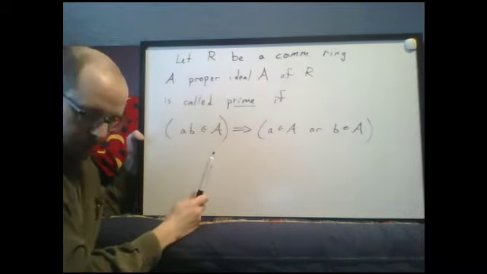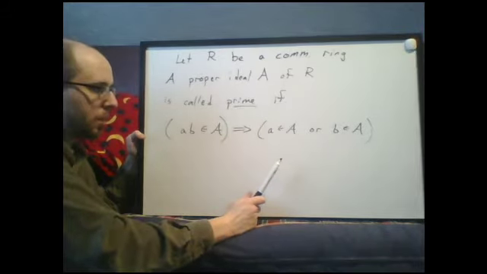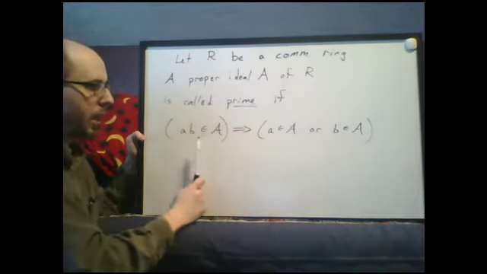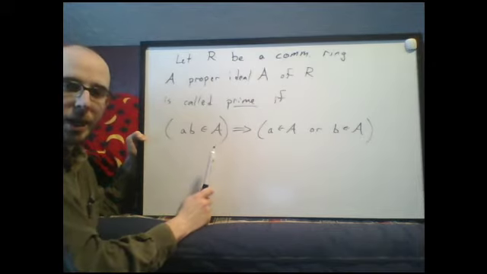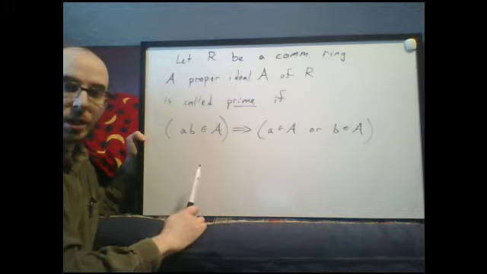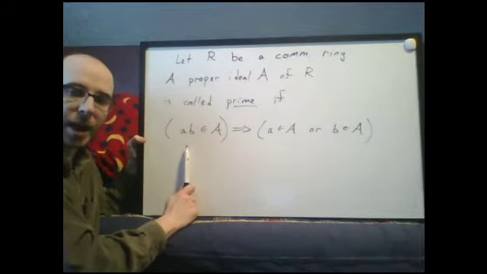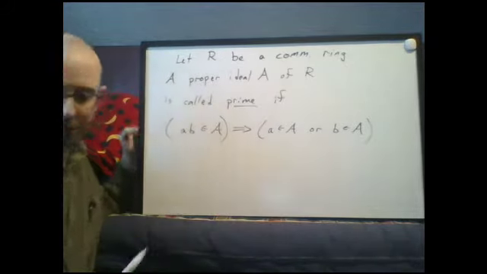So basically, elements of the ideal cannot be factored using only elements that are not in the ideal. If it factors, then something in that factorization is already a part of the ideal.